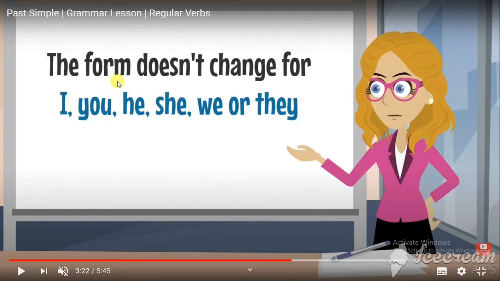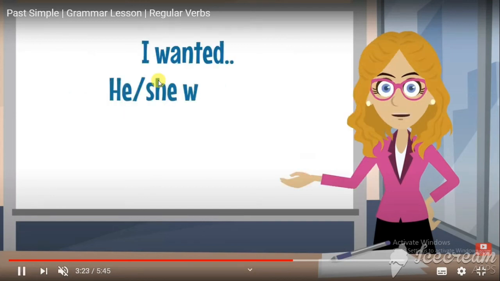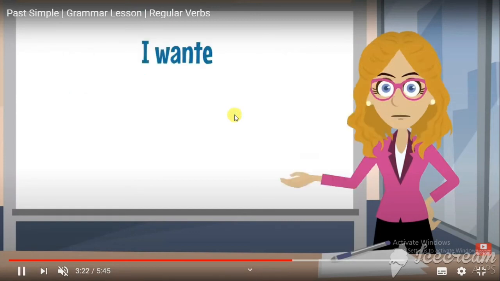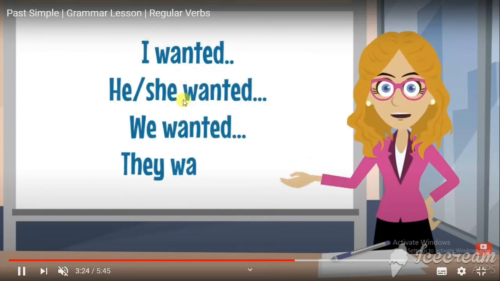And of course, in the past simple, the form doesn't change for singular or plural subjects. I, you, he, she, we, or they. We add ed to the verb for all of them. I wanted.